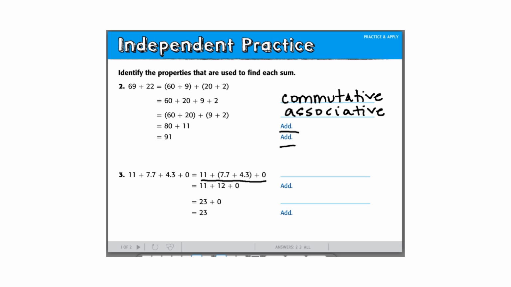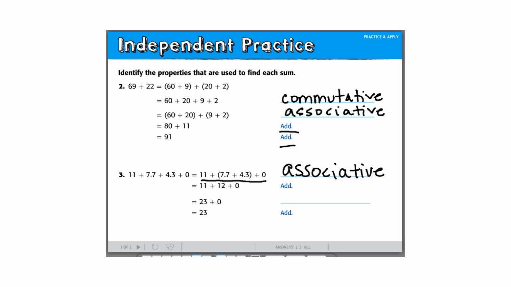Yes, thank you for the thumbs up. So because the numbers are in the same order, and they chose to add these together first, what property did we use? Hamza? No, not identity on that one. Not yet. There is a 0 in there, but associative.